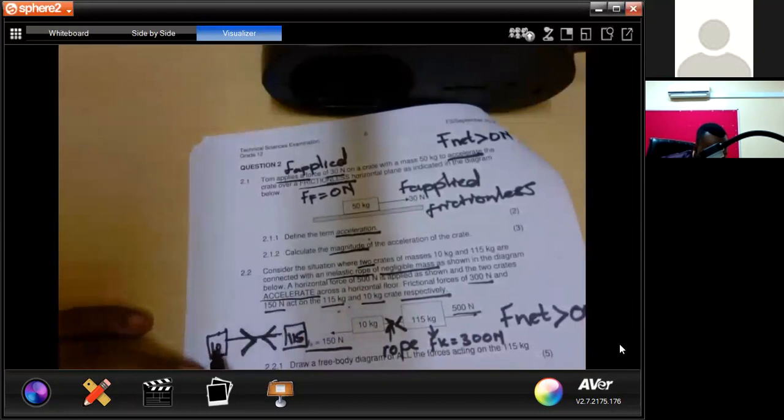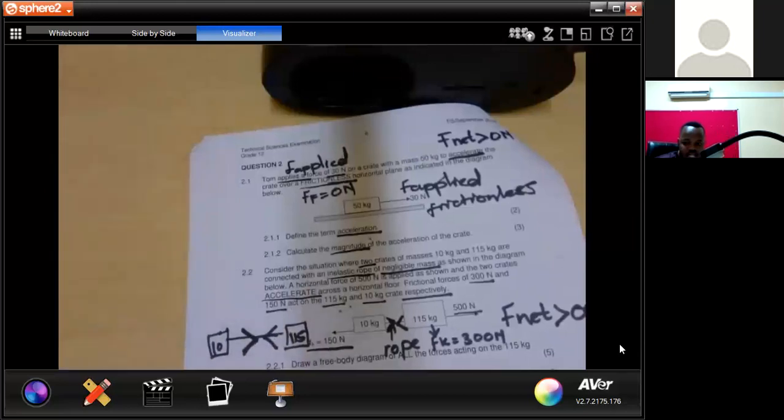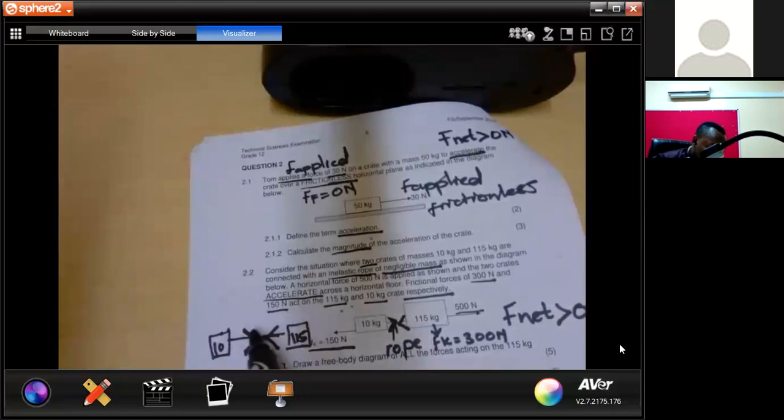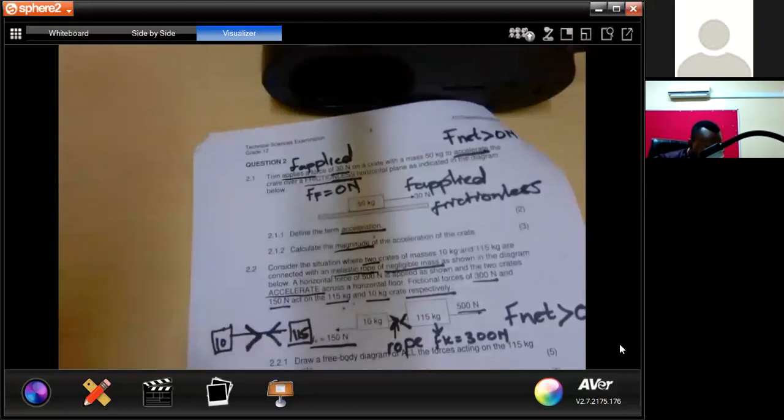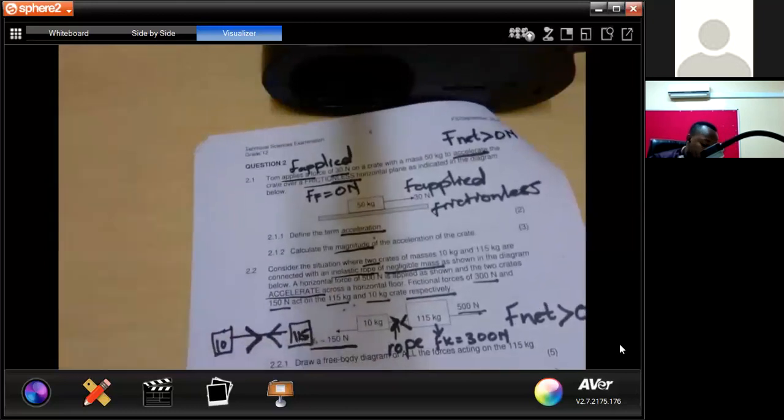The one on the 10 kilogram is the tension that is acting to the right. The one on the 115 kilogram is the one that is acting to the left. So our tension is the same, obviously, on the 10 kilogram, and it is the same in magnitude on the 115 kilogram. It is just that the two tensions will act in different directions.